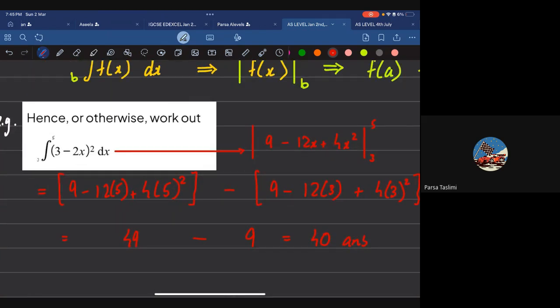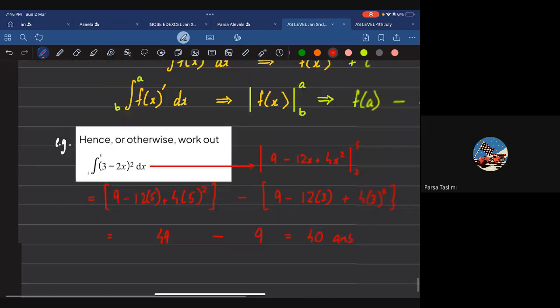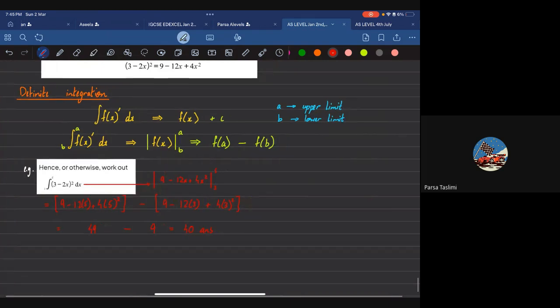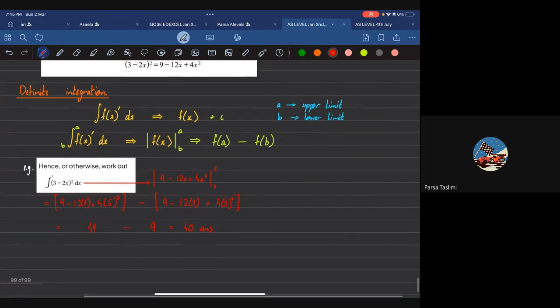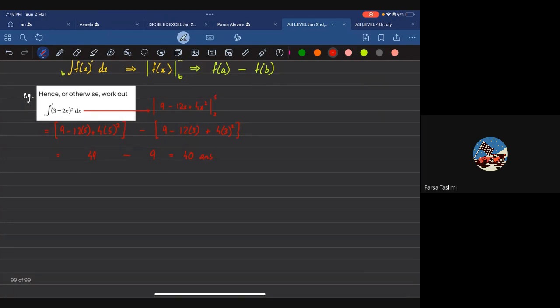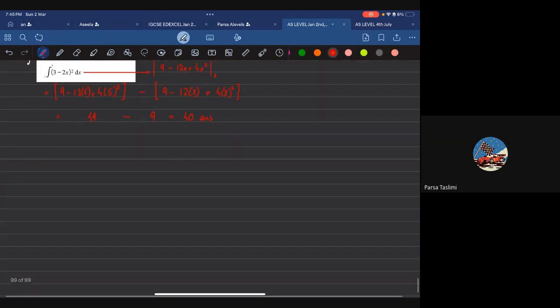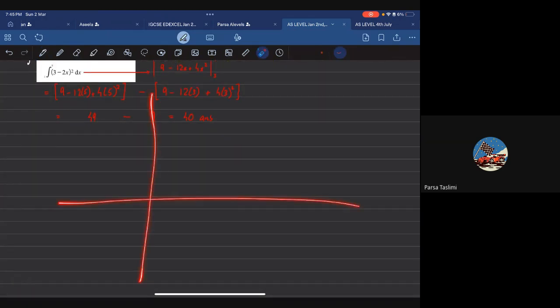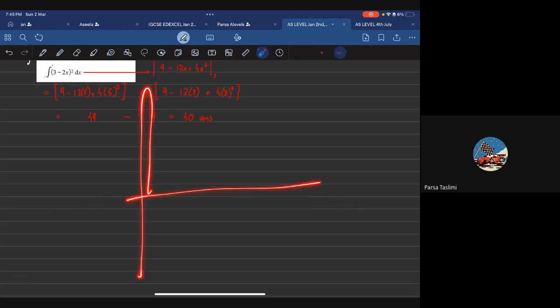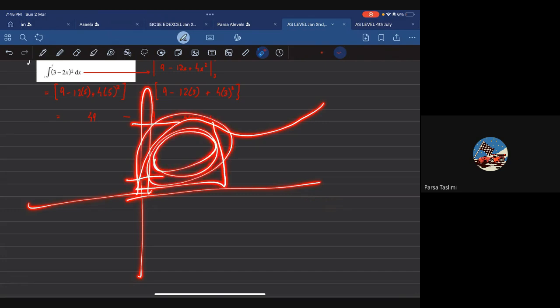Also, I hope this 5 and 3 are visible. I wrote them down very small. Is this clear? Now, where is this application most used? This application of definite integration is very much used when you've got graphs. In a graph like this, obviously they're going to say calculate the area of, let's just say, this region.